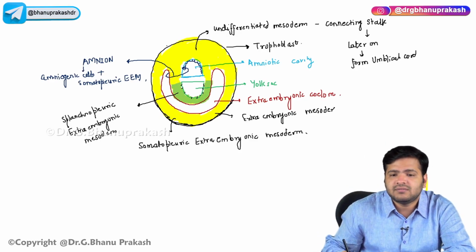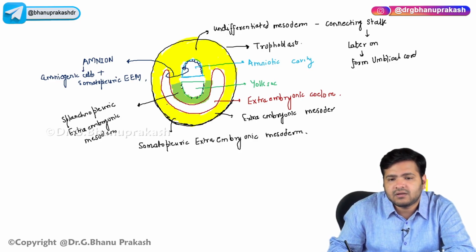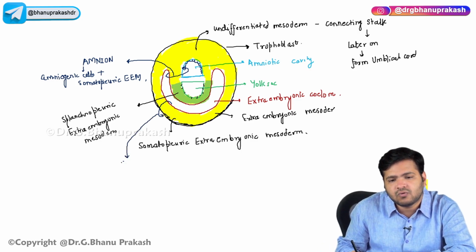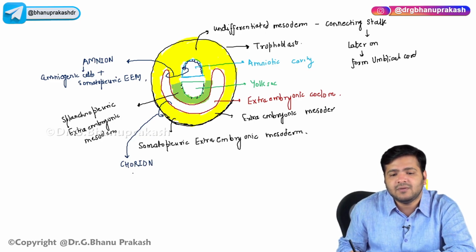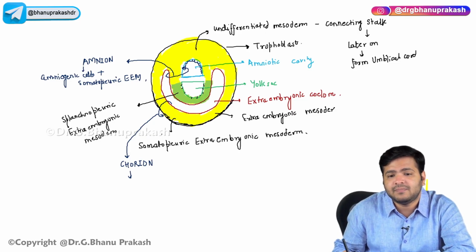Now, chorion is nothing but this structure. Yes, this structure. So this is something which is called as the chorion. And remember, the chorion is nothing but the extraembryonic mesoderm. And which extraembryonic mesoderm? It is the somatopleuric extraembryonic mesoderm plus this black one, that is the trophoblast, right?